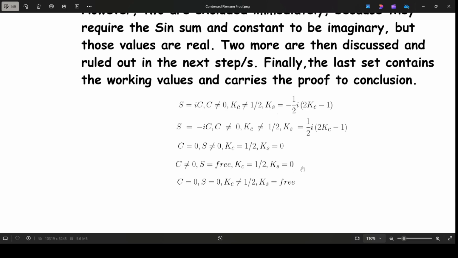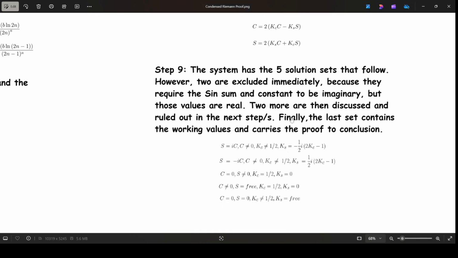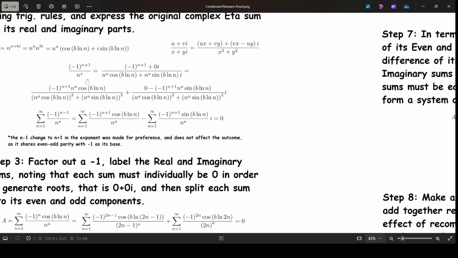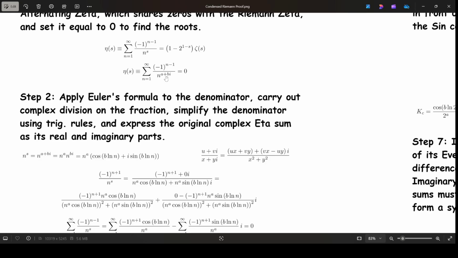However, with these next 2, where the KC constant has to be 1/2 and the KS constant has to be 0, that fact right there creates a contradiction on the rules that we apply to little a and little b. So little a and little b are the real and the imaginary portion of the initial complex input when we started up here.